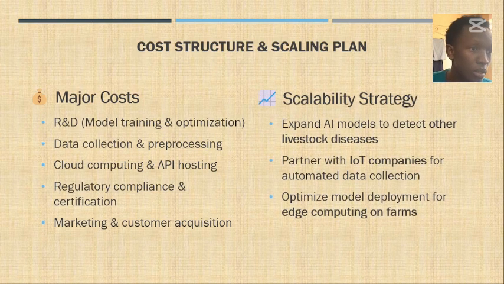Then going to the scalability strategy, in our scaling plan we want to expand the AI models to detect other livestock diseases, partner with IoT companies for automated data collection, and optimize model deployment for edge computing on farms.